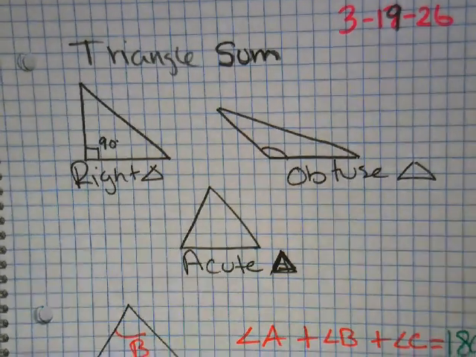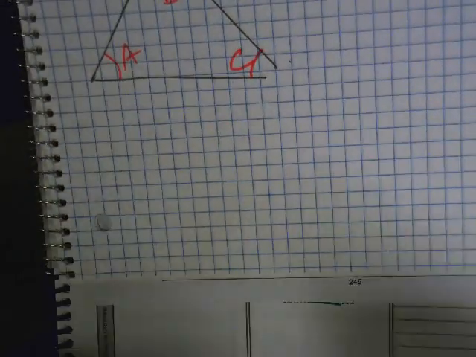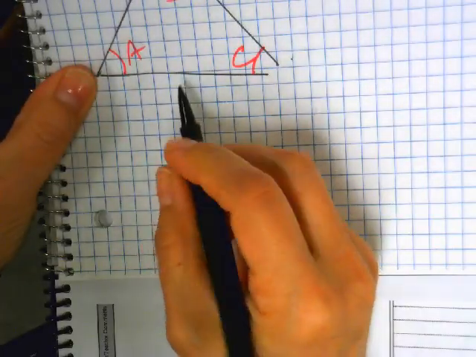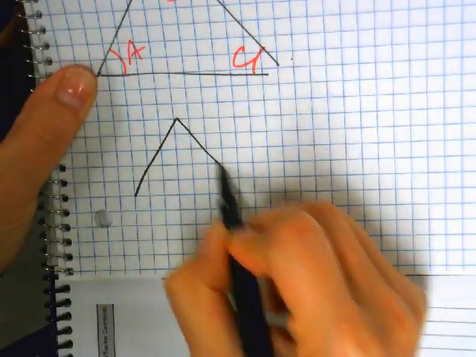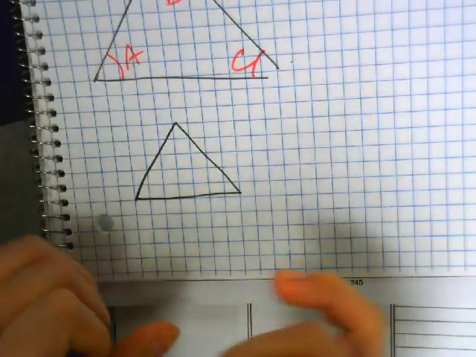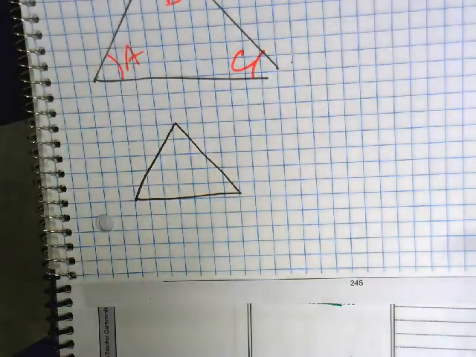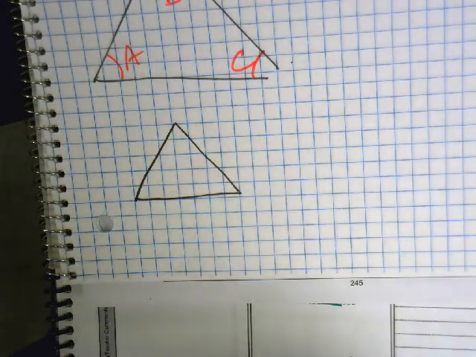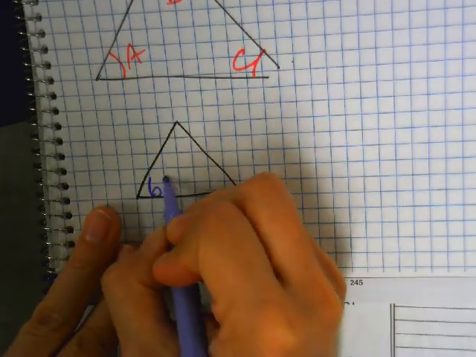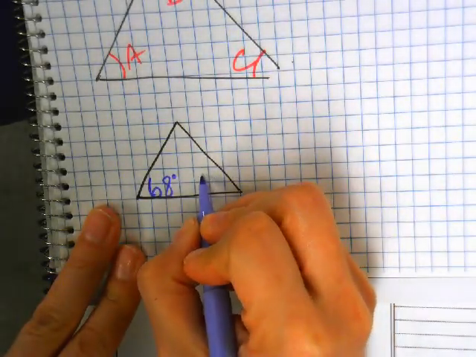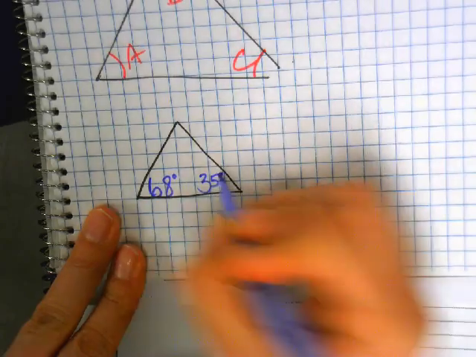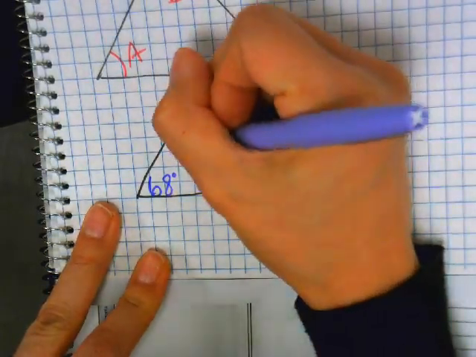Let's do the math. This is level 1. Then I'll try to do level 5. Okay, let's just draw a cute triangle right there. So cute. 68 degrees and let's say 35 degrees. And then you'll have an X there.